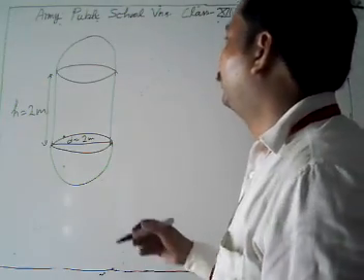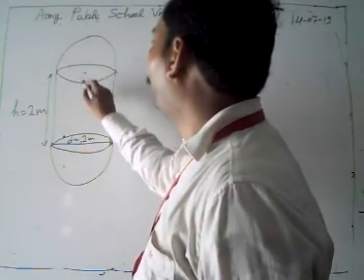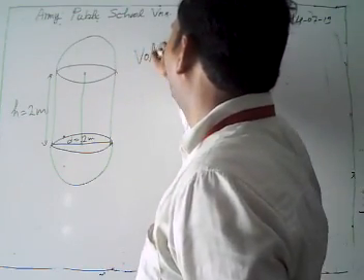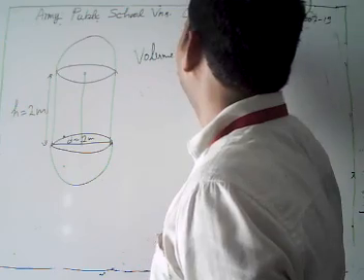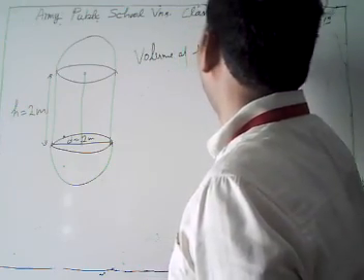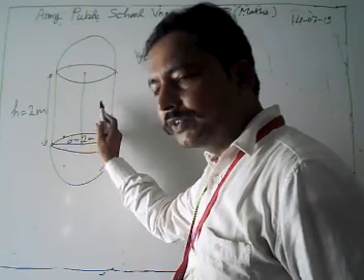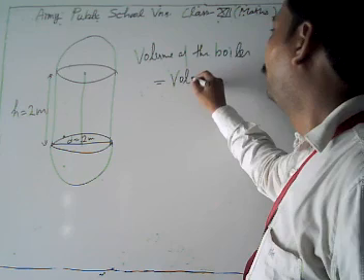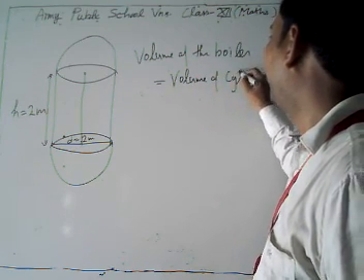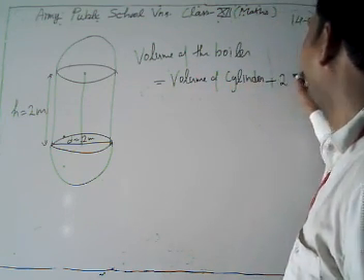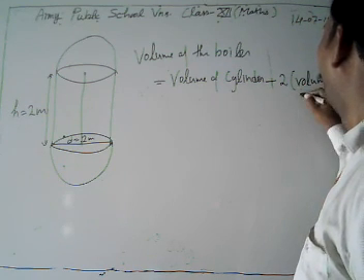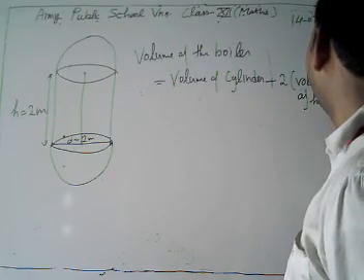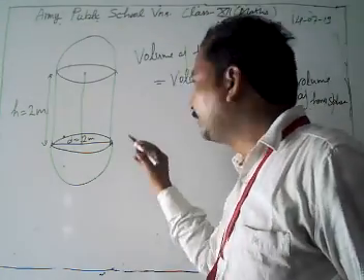How can we find the volume of this boiler? The volume of the boiler is the volume of the cylinder plus 2 times the volume of the hemisphere. What is the volume of the cylinder?